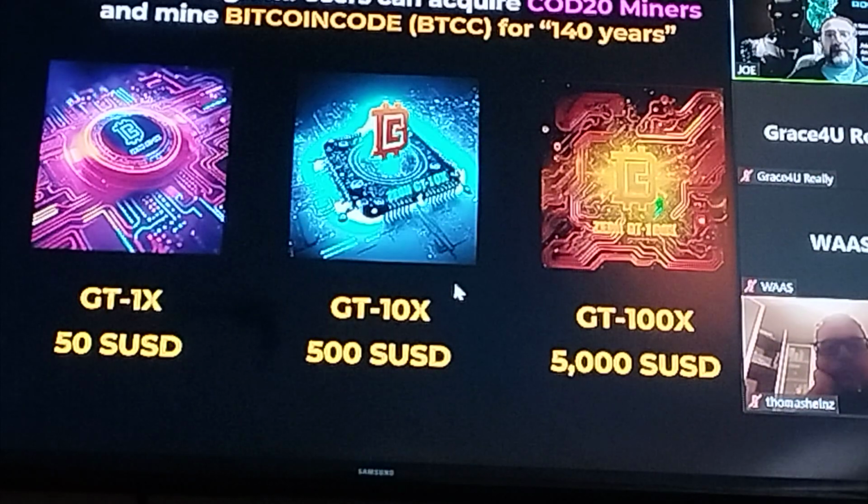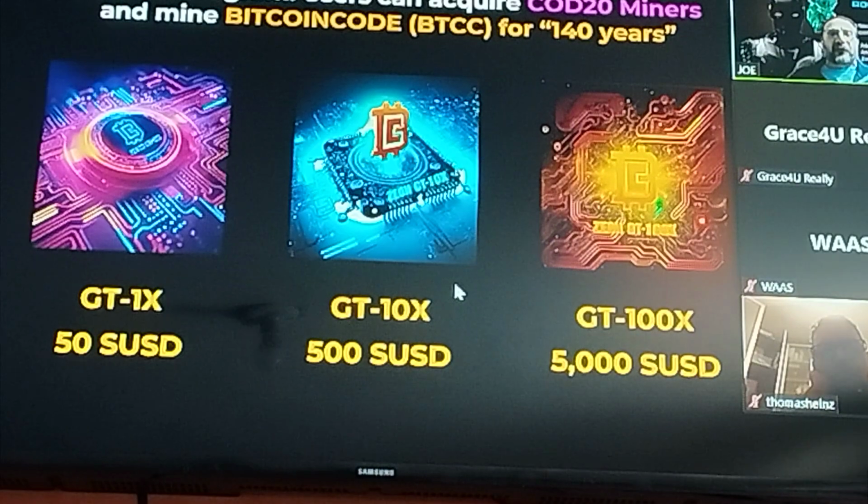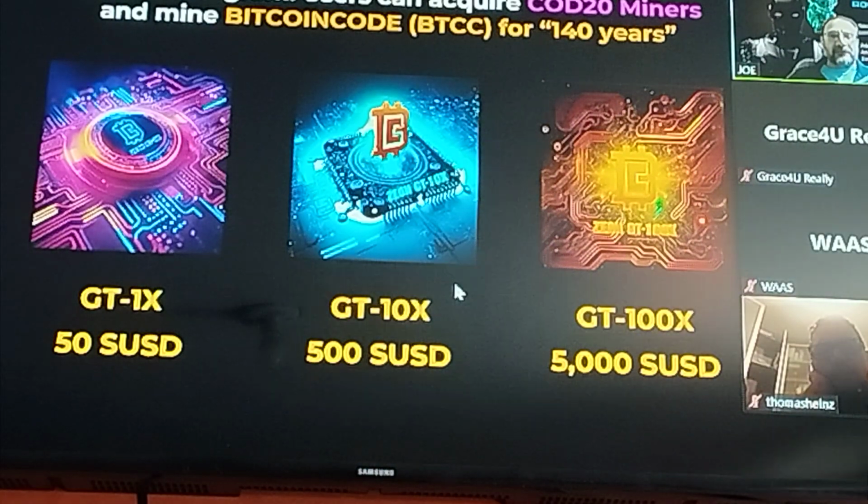When I talked about being product-based, this was our flagship product, the NFT Xeon miners, and these mine Bitcoin code. And Bitcoin code is Bitcoin for the 21st century. Bitcoin itself is the granddaddy, and nobody wants to steal that crown. But it was born in an age where the digital age itself was barely learning to walk.